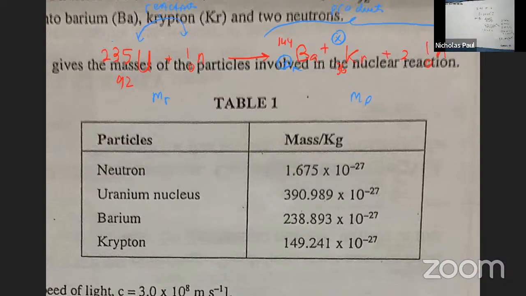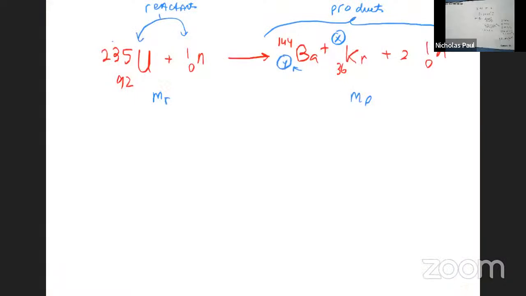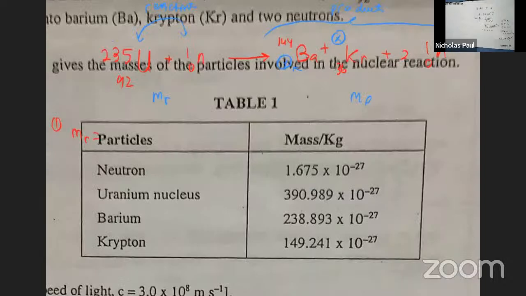So our reactants are what? Our reactants are uranium and a neutron, right? So in step one, I'm finding the mass of the reactants. Where is uranium? Uranium is here. So that's 390.989 by 10 to the minus 27 kilograms. And then we have to add to that a neutron. A neutron is here.